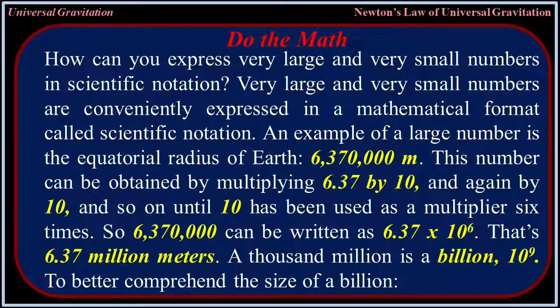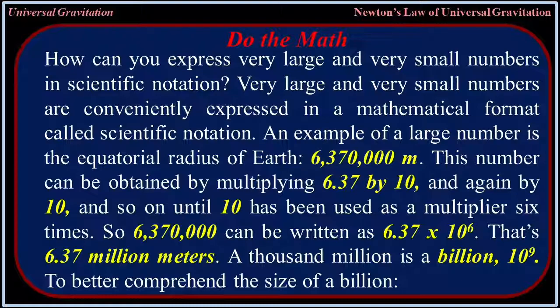Do the math. How can you express very large and very small numbers in scientific notation? Very large and very small numbers are conveniently expressed in a mathematical format called scientific notation. An example of a large number is the equatorial radius of Earth, which is 6,370,000 meters.